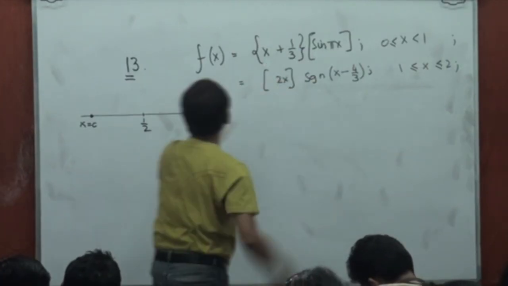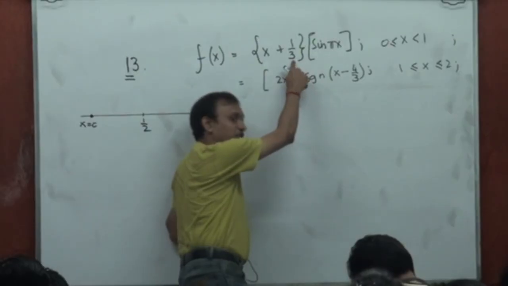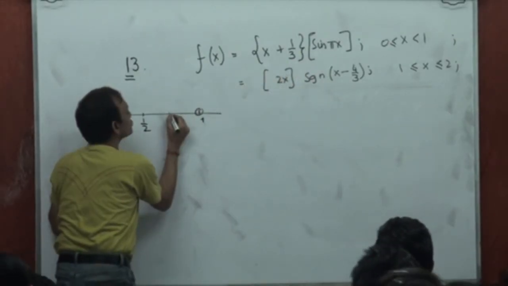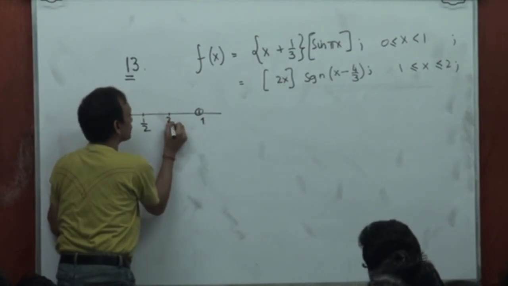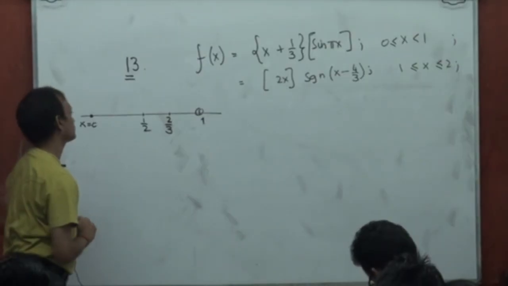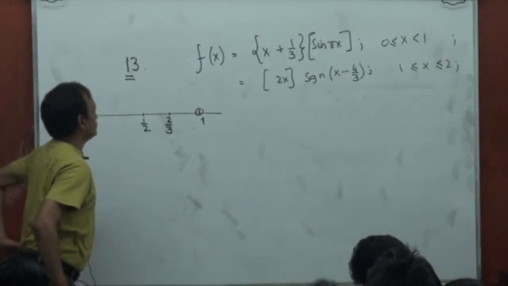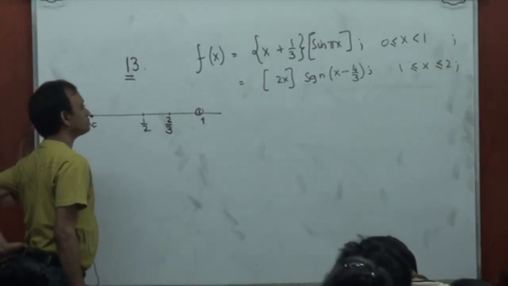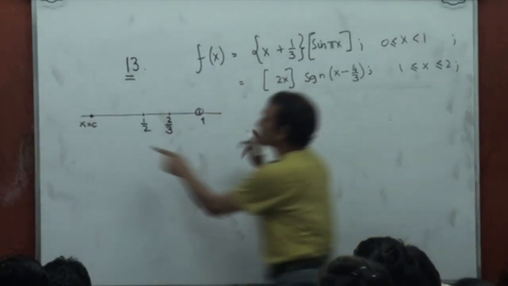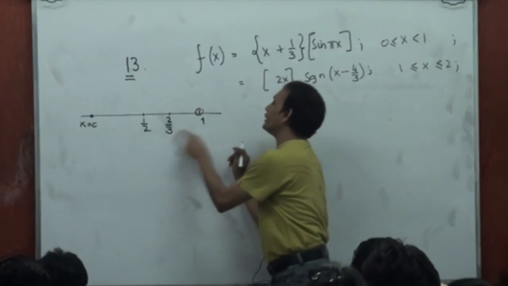That's the only point between 0 and 1 where this becomes an integer, that is x equal to 2 by 3. Yes or no? So put x equal to 2 by 3 here. Now, so the intervals would be 0 to half, half to 2/3 and 2/3 to 1.